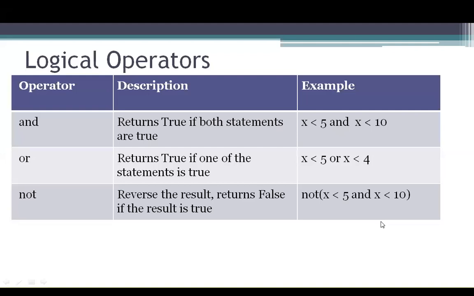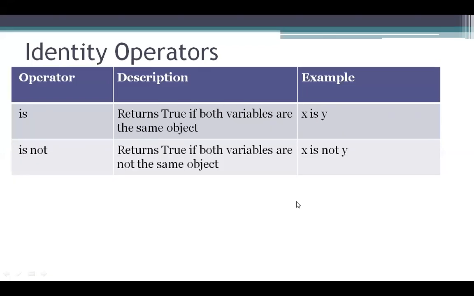Okay, the next operator is identity operators. So basically these operators refer to the objects. You can see the description here: is returns true if both variables are the same object.